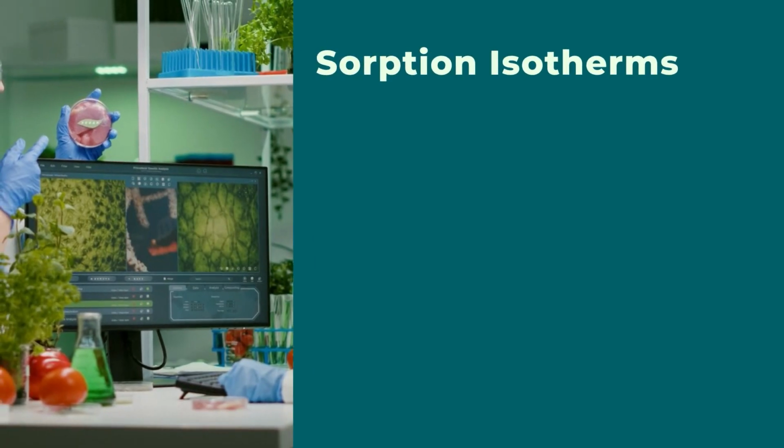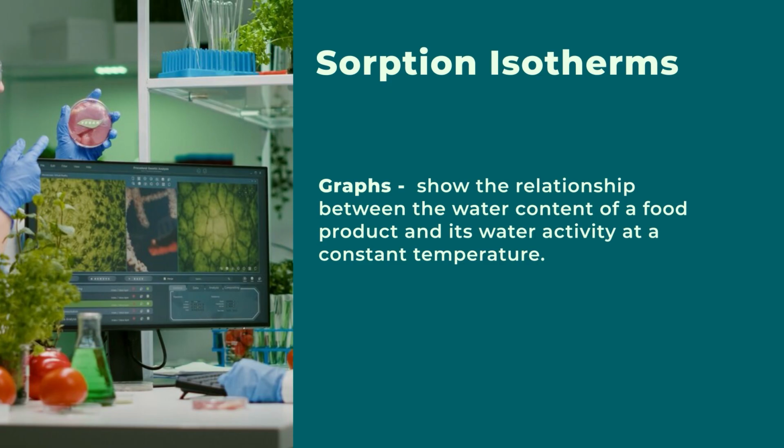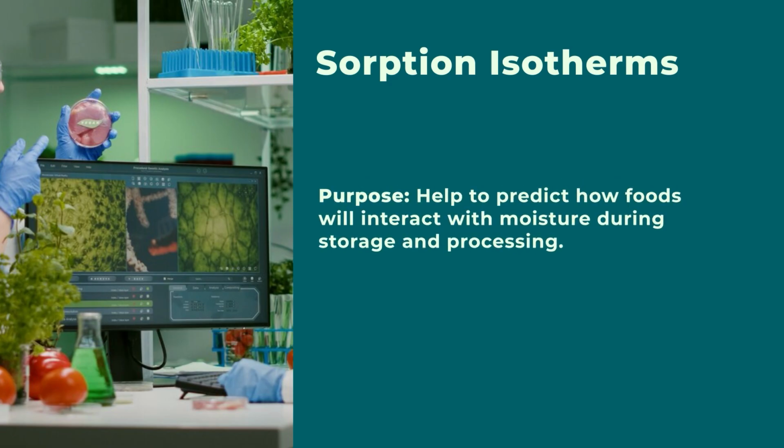Now we come to the sorption isotherms. We studied two parts, moisture and water activity. Now, sorption isotherms are graphs which give us the relationship between the water content and the water activity at a constant temperature. What is the purpose? It helps to predict how food will interact with moisture during storage and processing.